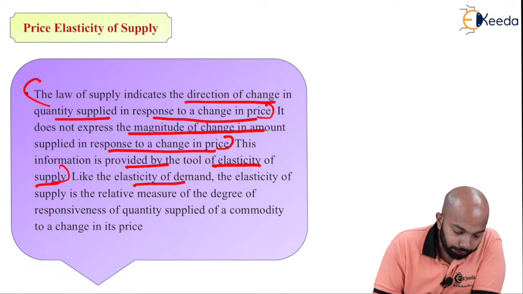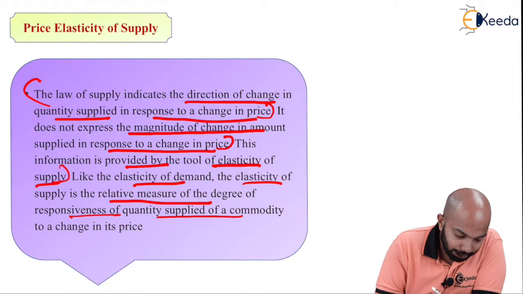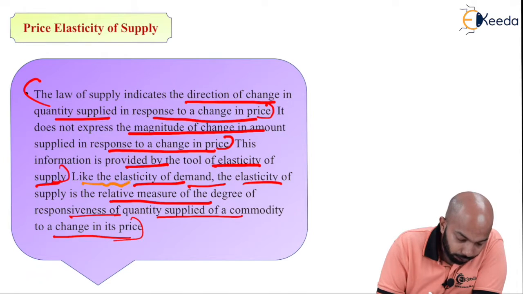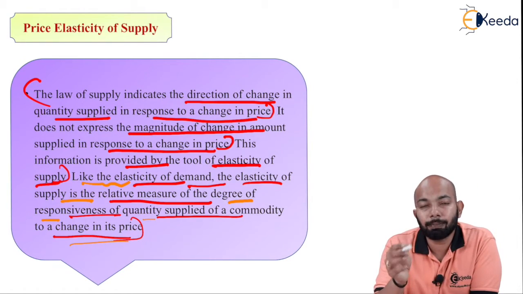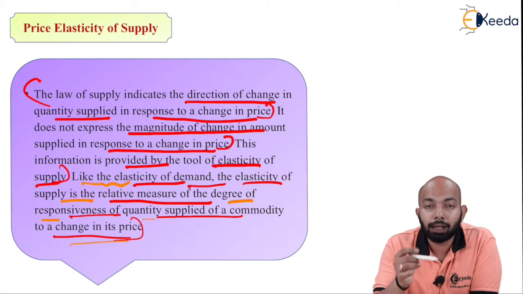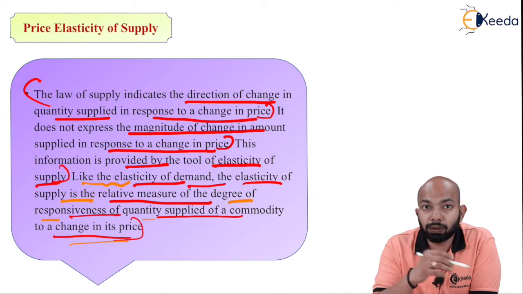Like the elasticity of demand, the elasticity of supply is the relative measure of the degree of responsiveness of the quantity supplied to the change in its price. So whatever the change in price is, based on that, what is the magnitude of change in the quantity supplied is what we are going to study.